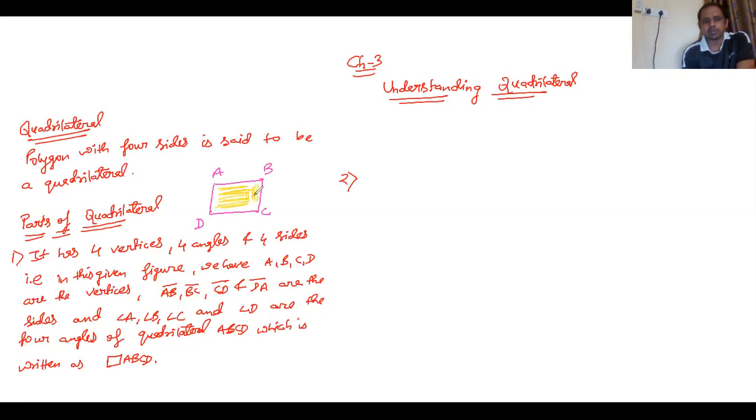Outside of this, suppose I take blue color, means the whole part outside, and this is said to be the exterior of the quadrilateral. And if the points lie on the boundary, they are said to be on the quadrilateral.